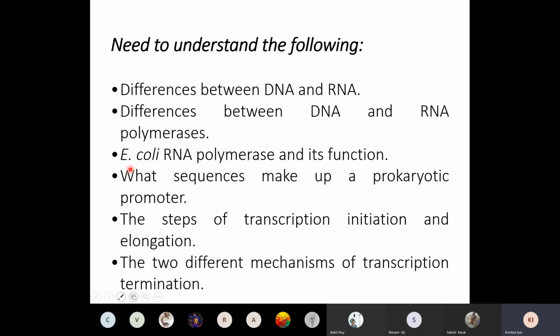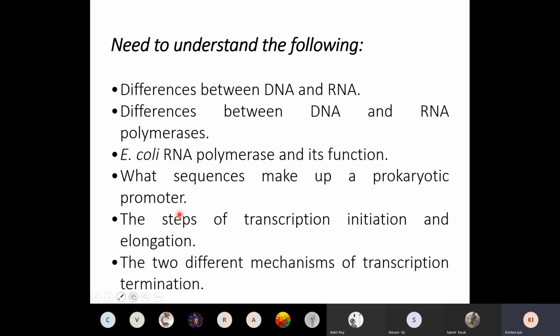I will look a little more into E. coli RNA polymerase and its function, because this is a system which has been studied more than the other systems. And then we look at what are the sequences which make up what we call a promoter. In a little while I'll tell you what these promoters are.